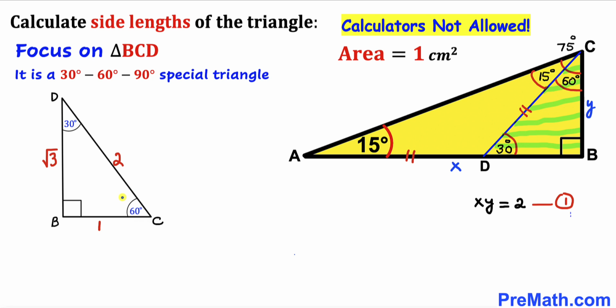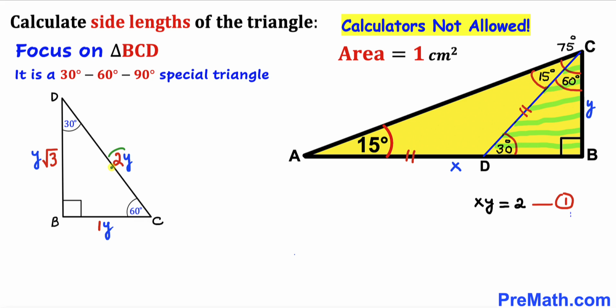Now let me multiply all these sides by y across the board. I'm going to multiply this 1 times y, this becomes 2 times y, and this becomes y times square root of 3. Now let's make an observation. We can see this BC length is 1y, and over here BC length is 1y as well.